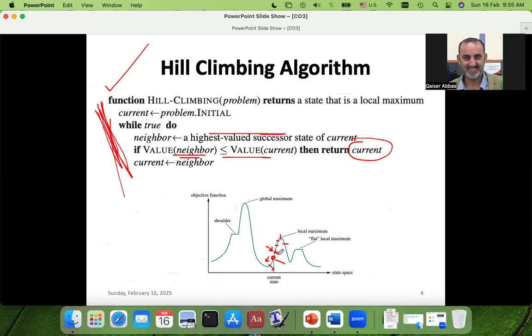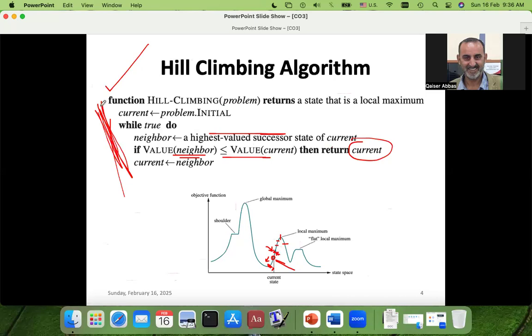If this and this are the neighbors of the current point, then stochastic hill climbing can select a neighbor randomly. So it can select this neighbor which is in the downward direction, and it can also select this neighbor which is at a higher point.